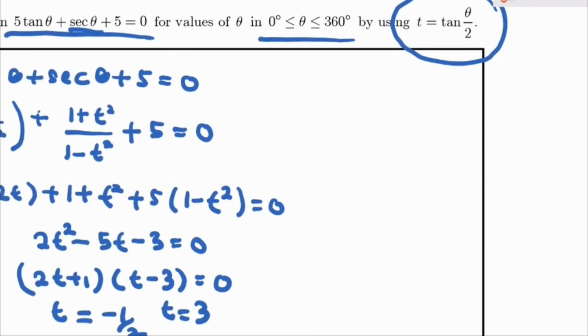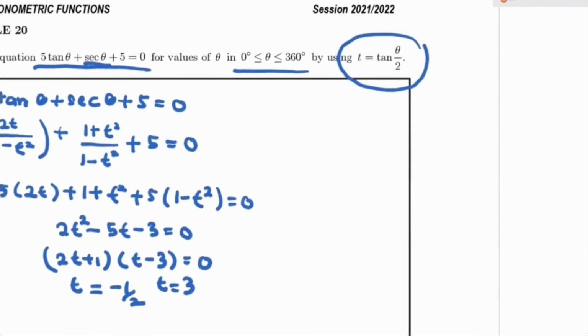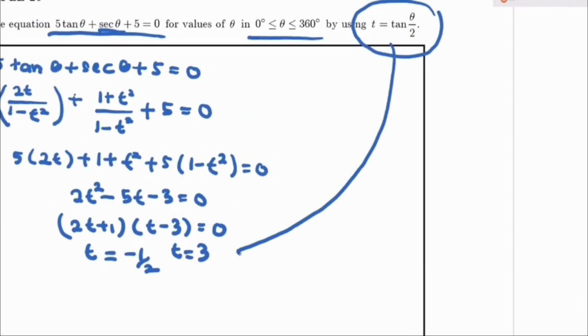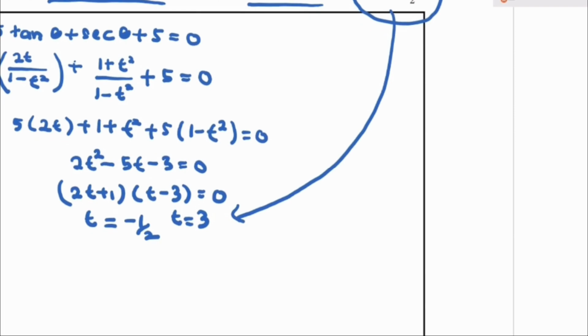How to get the theta? t equals tangent theta over 2. So from here, we know that t equals tangent theta over 2. So you change here: tangent theta over 2 equals negative 1 over 2, and tangent theta over 2 equals 3.